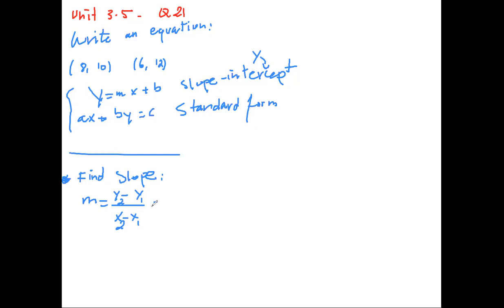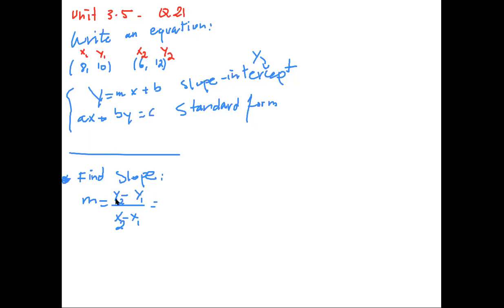So all these values come from these points here. We have 2 points. Let's label them actually. So the first one, you can call it x1, y1. Second one, let's call it x2, y2. So these are the values that we're going to plug into this and simplify.